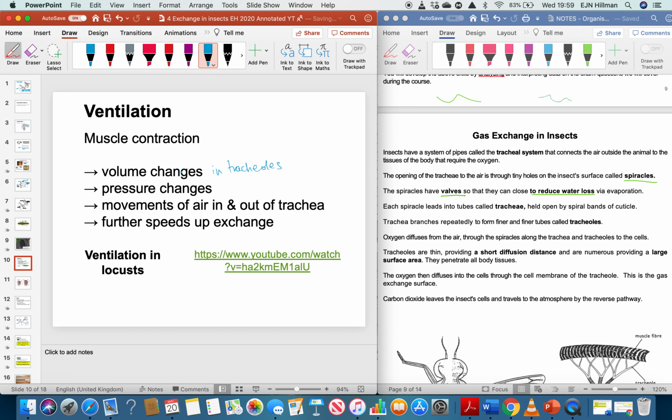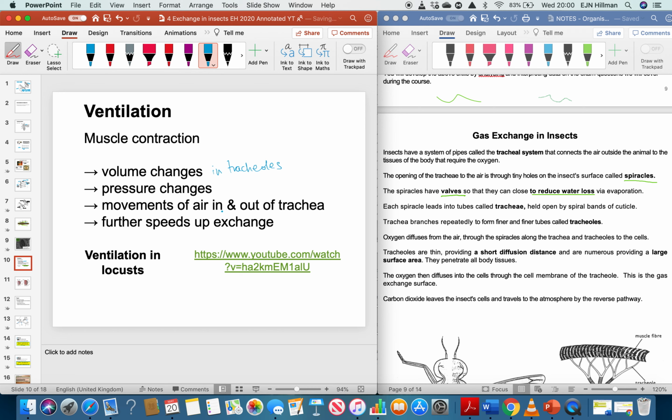If the volume increases, the pressure would decrease. If the volume decreases, the pressure would increase. So when there is a large volume in the tracheoles, there is a low pressure that forces air from a high pressure in the atmosphere into the trachea and into the tracheoles and to the exchange surface, so to the respiring tissues.